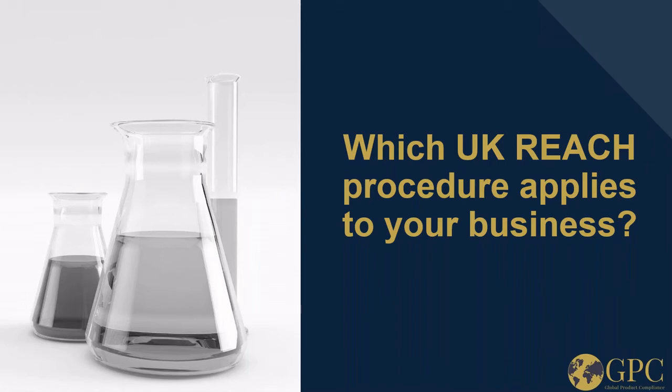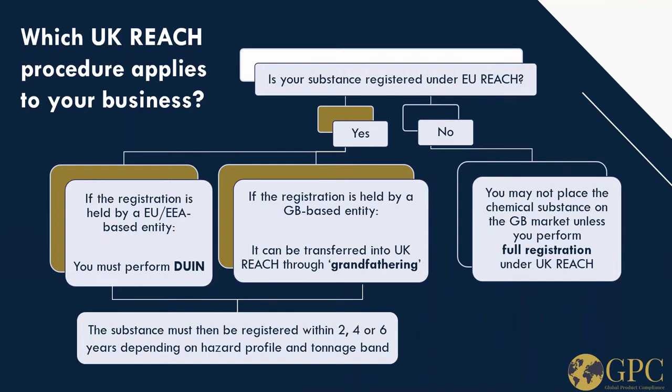Which UK REACH procedure applies to your business? The most important question is: is your substance registered under EU REACH? If the answer is no, then you need to place the chemical substance on the GB market and perform the full registration, because the substance is considered as new.